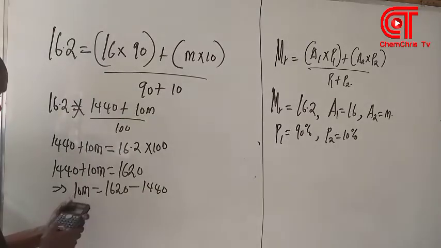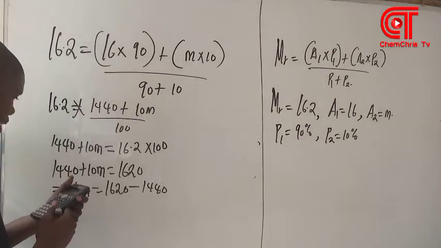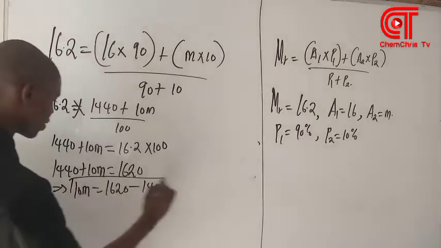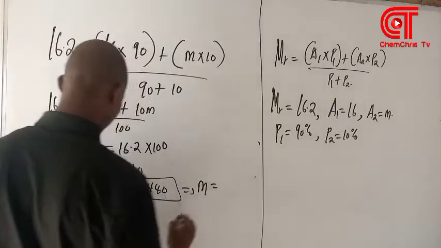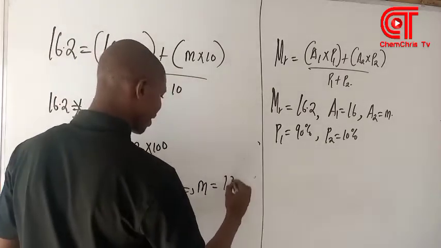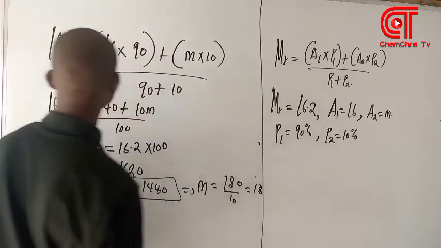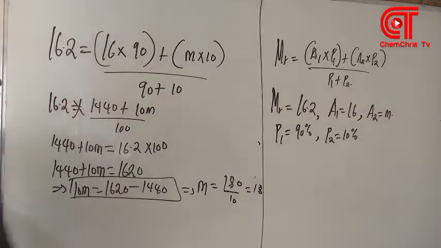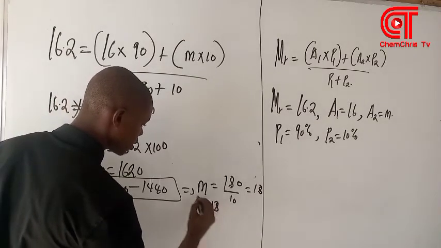If you subtract it here, we have 180. So now when you do this calculation, my M is going to be 180 over 10. Here I have 18. So my M is going to be 18.